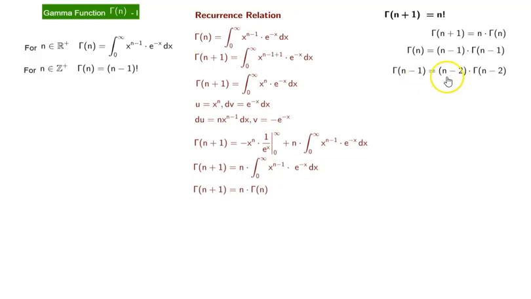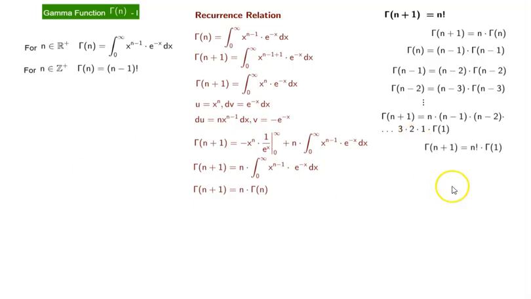So gamma of n minus 1 is equal to n minus 2 times gamma of n minus 2. And so on. Till when? Till we reach 3, 2, 1 times gamma of 1. Initial factors, they all end up being n factorial. So we have gamma of n plus 1 is equal to n factorial times gamma of 1.